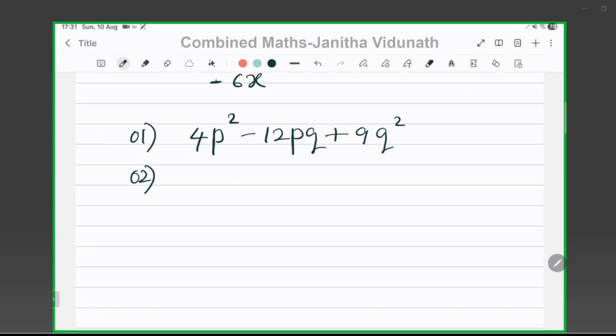Second question is 25x square plus 30xy plus 9y square. Try those two questions and send me the answers.